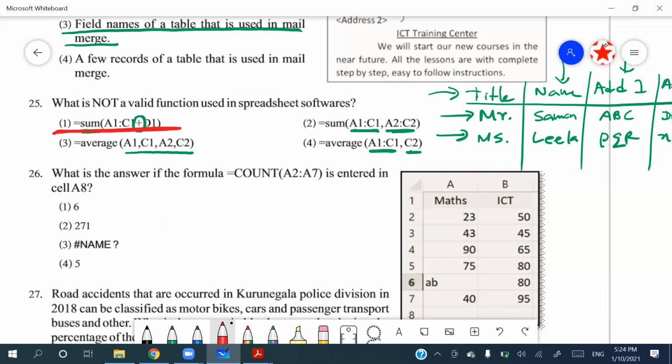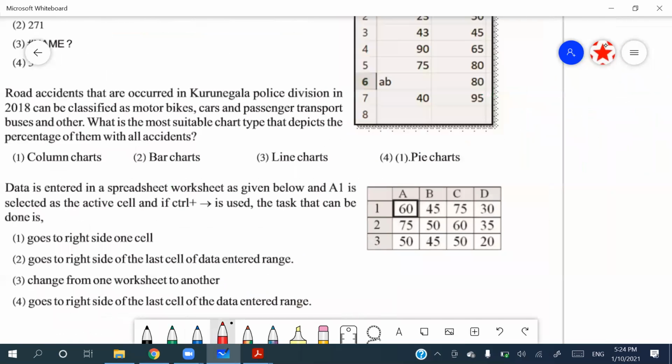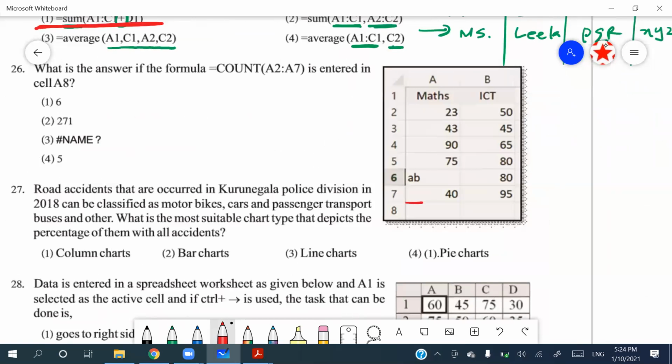Yeah, in 26th, it is asking what the answer is if the formula equals count A2 colon A7 is entered in cell A8. So cell A8 means this place. And it says count A2 colon A7, which means starting from here, going until here.